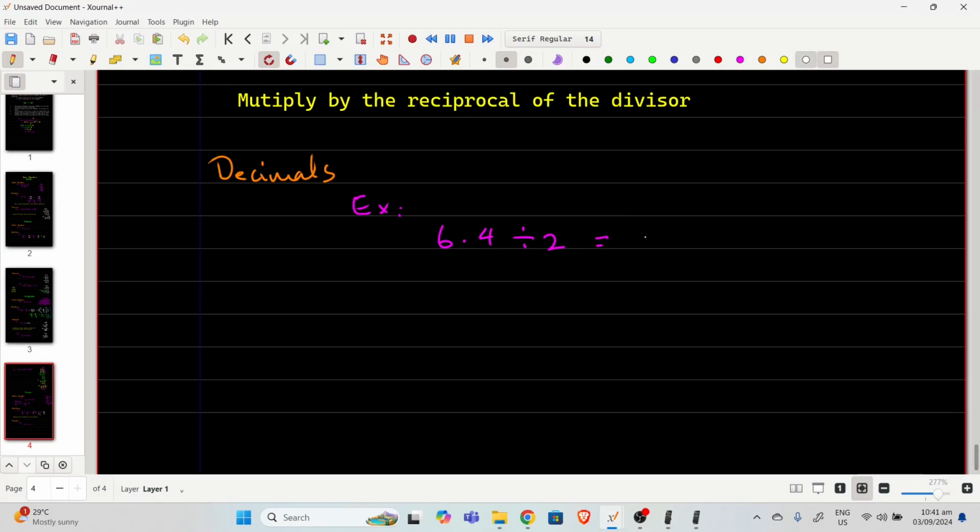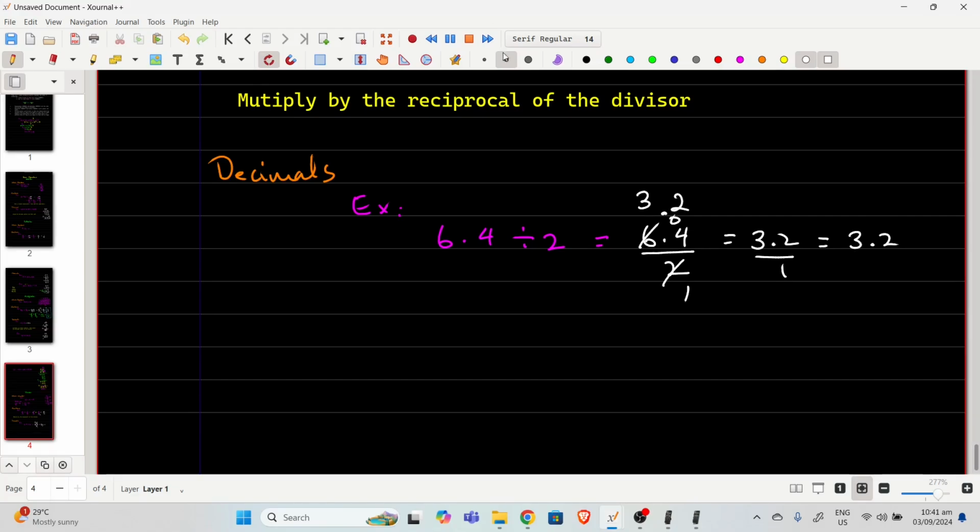So I will write it over as 6.4 over 2. And then I like to divide each number. So I'll take 2 into 2 is 1. And then I'll say 6 divided by 2 is 3, no remainder. So I carry 0 over here. And then 0.4 means 4. So 4 divided by 2 is 2. And my answer is 3.2 over 1, or 3.2.